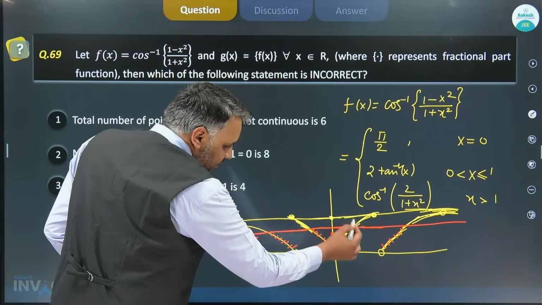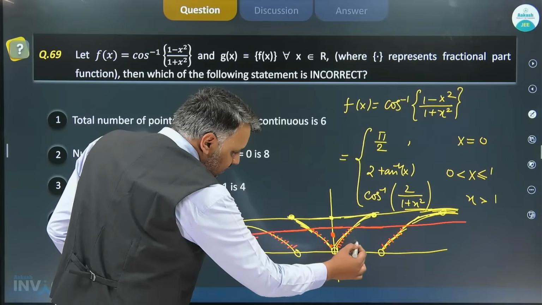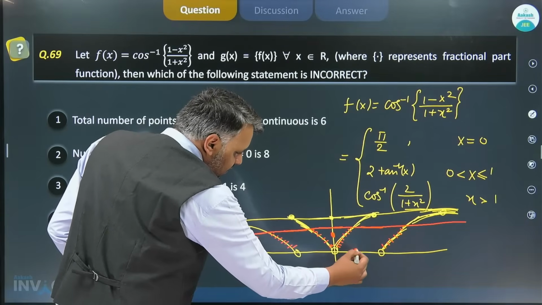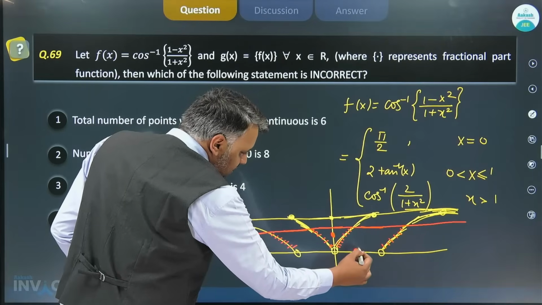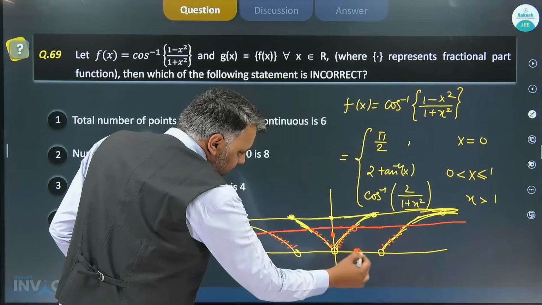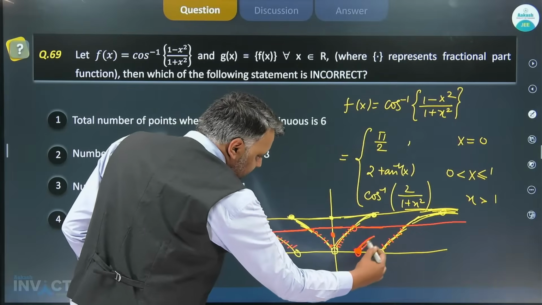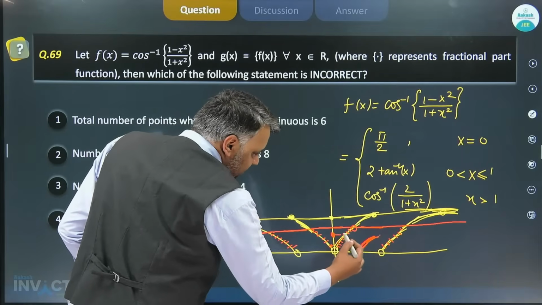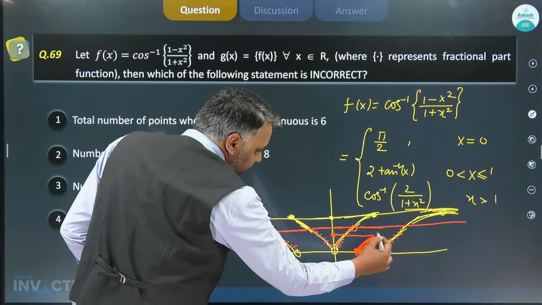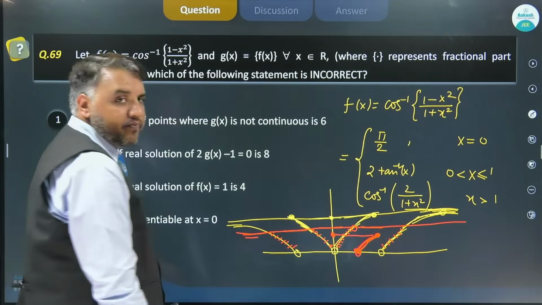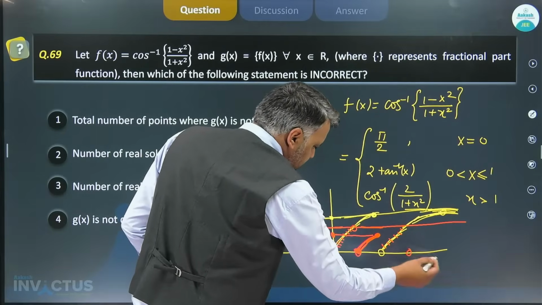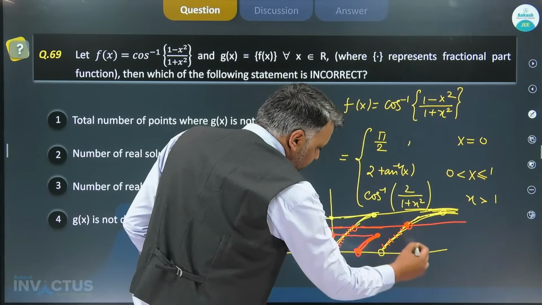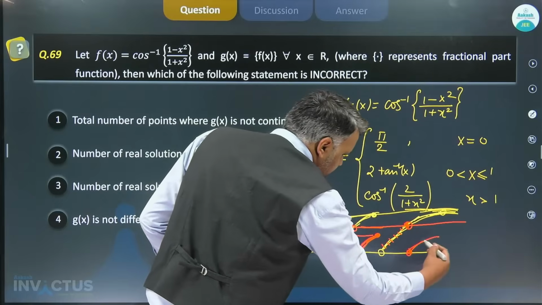So this will be something like, okay, this will be an open circle here. I think this will be like this. This level is pi by 2 minus 1. And the same here, sorry, this will be this.